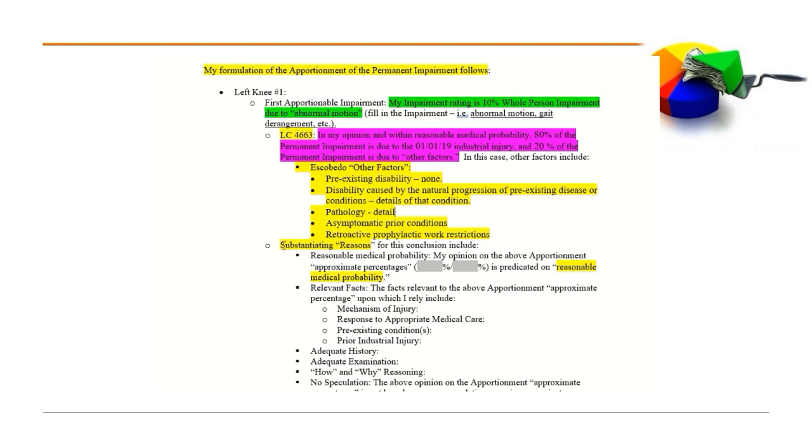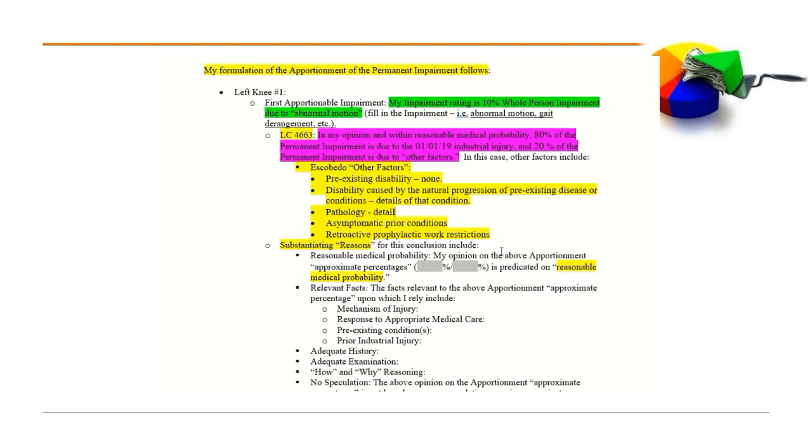Now you go on to give us your substantiating reasons. Remember the Bassett case, it said it must provide the reasons. So here you say reasons for this conclusion include, number one, that my opinion is based upon reasonable medical probability. You confirm that for us here.